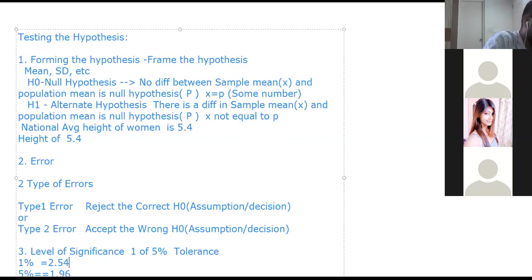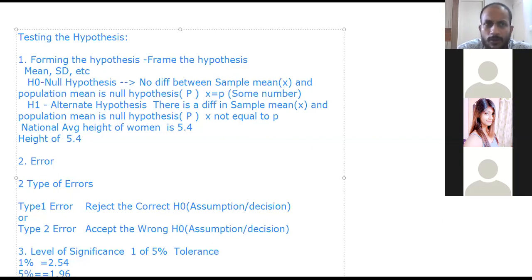Okay, 1 minute, guys. Let me just quickly check what the Z value is for 1%, though it is very rare. I think it is 2.54 if I'm not wrong. Let me just Google and find out.